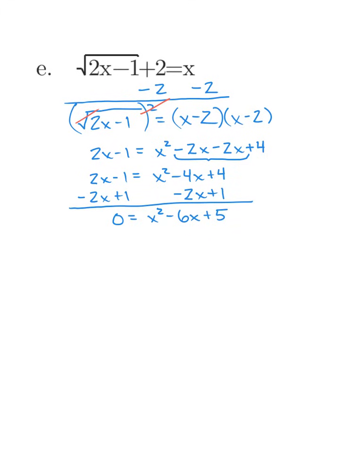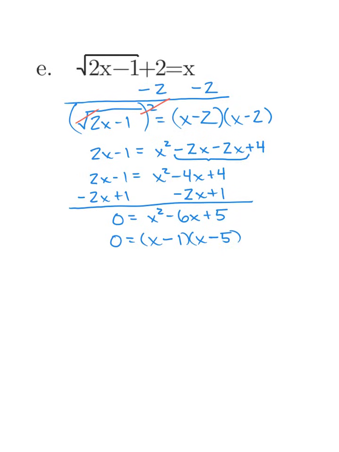We can now go ahead and factor this. If we factor this, x squared is x and x. 5 is 1 and 5. In order to multiply to a positive 5, we have same signs. To combine to a negative 6, that means that they are both negative.